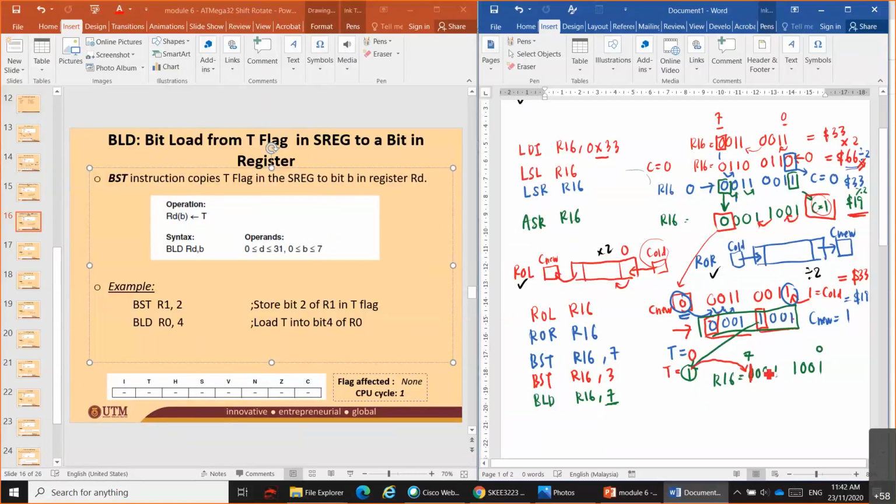So now my R16 changes from 19 to 99. This is what the BLD does: it copies the value from your T flag and puts it in your GPR.